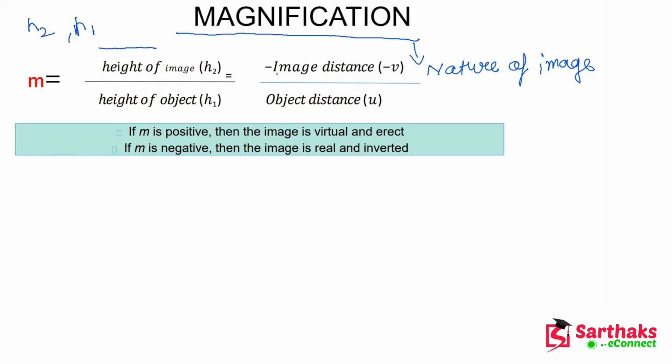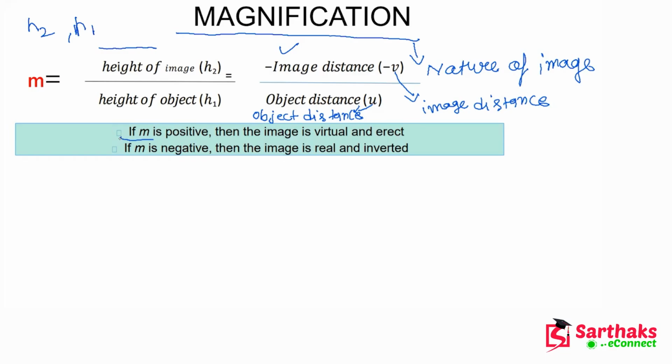But if we want to figure out M from the other formula, then we have to know the image distance, V, and we also have to know U, the object distance. These are the formulas to calculate M.